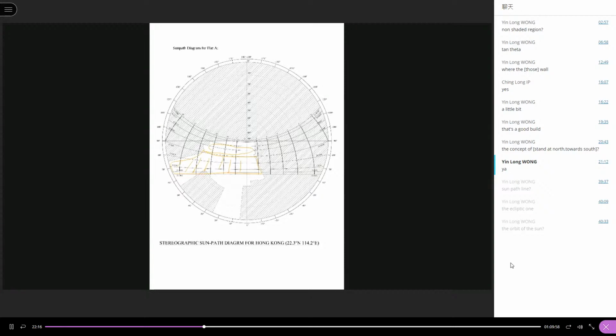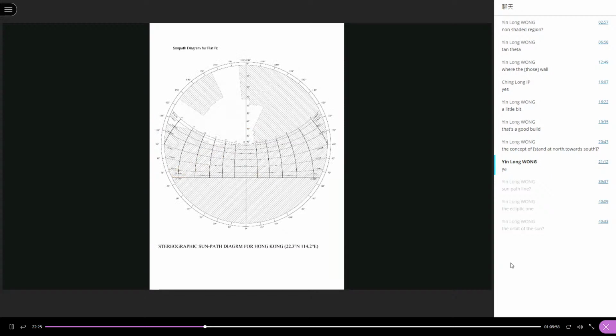How about flat B? This is the sun path diagram for flat B. I just use a mirror image. The mirror image for flat A will be that for flat B. So for flat B, all of the winter sunlight is behind the window.